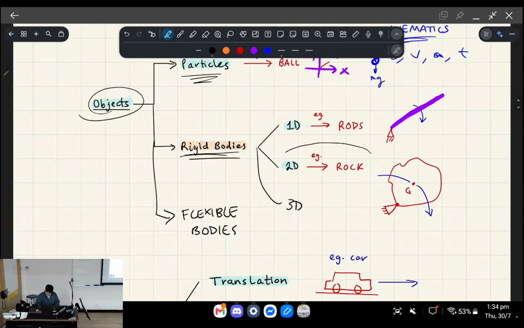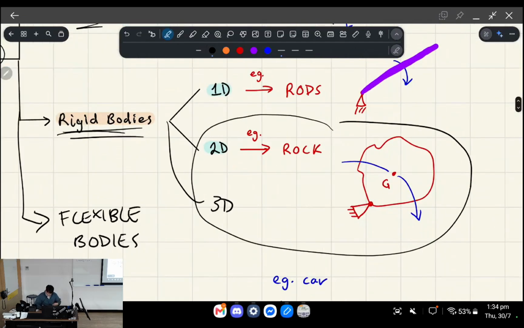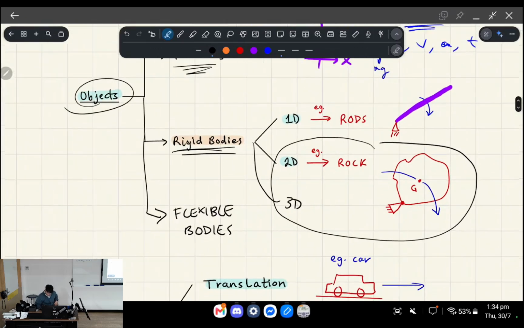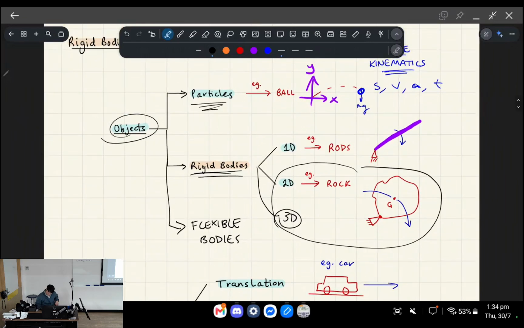You can also get into 2D and 3D rigid bodies, for example, like a rock, right? It's got a center of mass over there, etc. And then 3D would be considering all 3 dimensions of this rock. But in today's lesson, we're going to mostly deal with 1D rigid bodies, and in some of the questions you'll see, there'll be multiple links of rods.